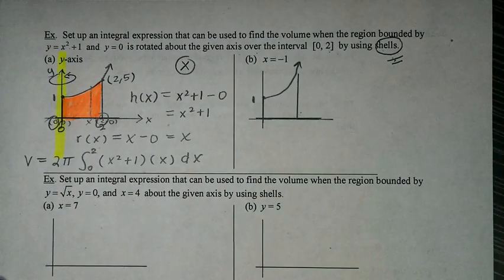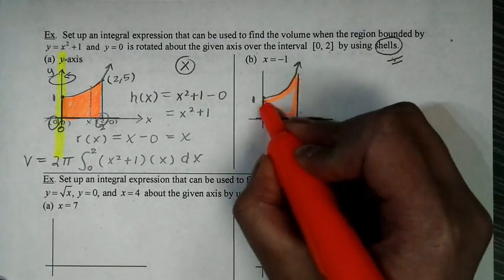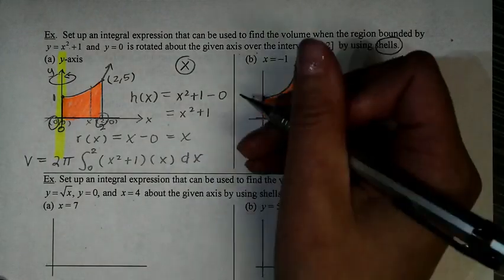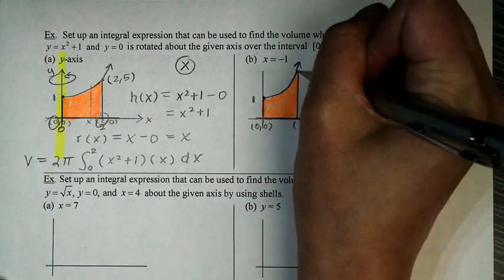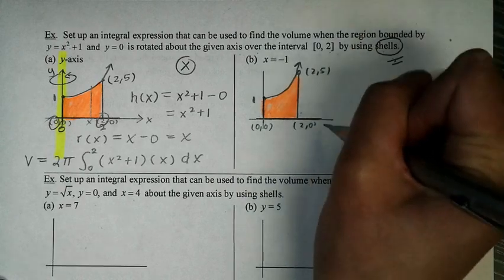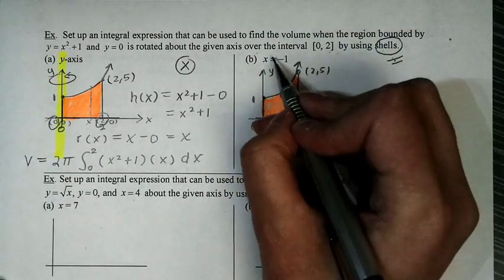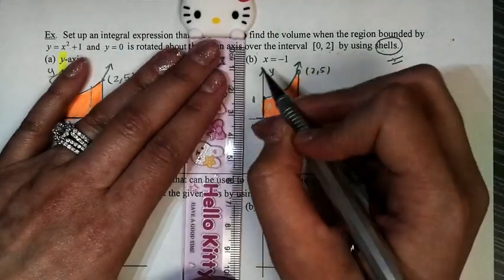Part B, you do have exactly the same shaded area, so you can just reuse the data that we have from A, because it's exactly the same problem. So we have that this is 0, 0, this is 2, 0, and this one was 2, 5. Obviously this is x, this is y, but what's the difference here? Your axis of rotation is y equals negative 1, let's say that it's somewhere here.